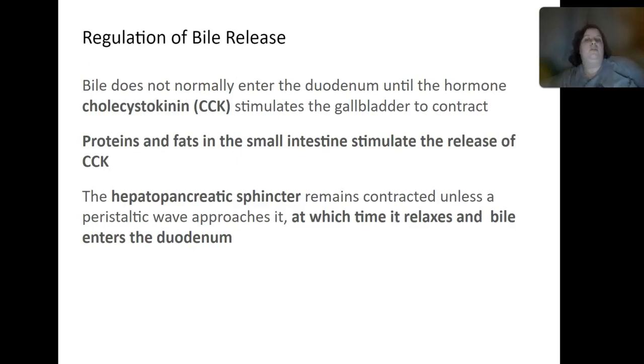You have the hormone cholecystokinin, or CCK, which stimulates your gallbladder to contract. Proteins and fats in your small intestine stimulate the release of that hormone, and your hepatopancreatic sphincter remains contracted until your peristaltic wave approaches it, which then it relaxes and bile can enter your duodenum.